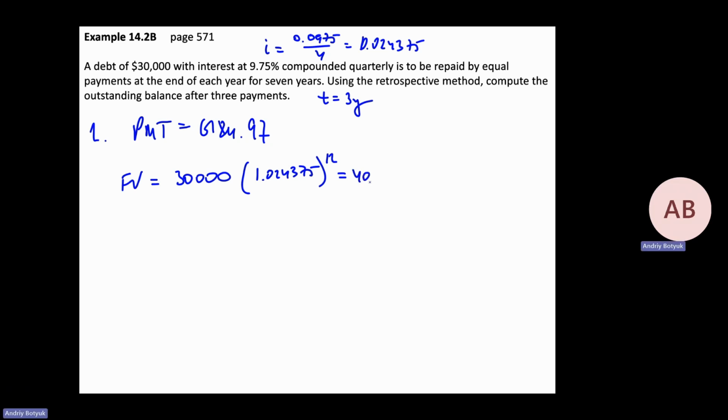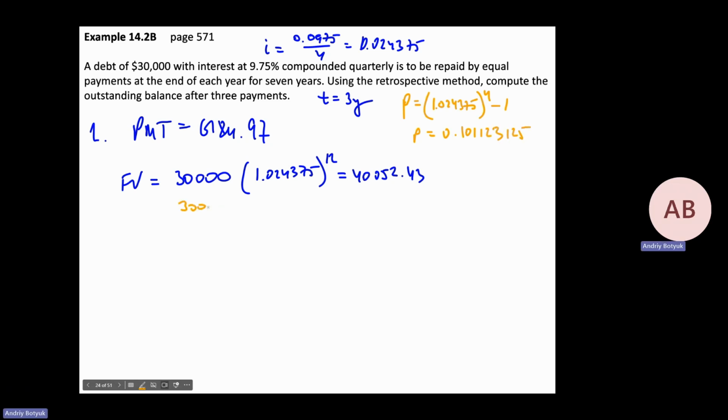So 40,052.43. Also, we can use P, and P would be this. I think I have it saved. Yeah, 10%, a little over.